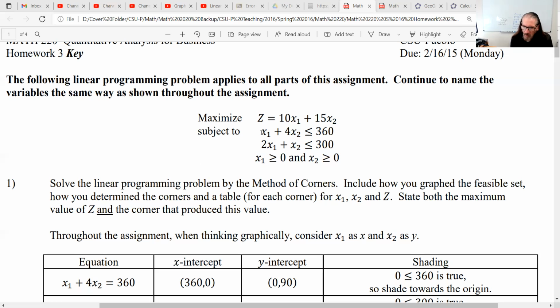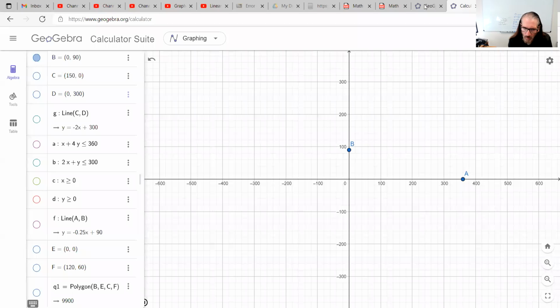So you would have y equals negative 1/4 x plus 90 as the equation in slope-intercept form. But because 360 is divisible by 1 and 4, what I did was I found the x and y intercepts and I plotted those right there. And then I'm going to connect them.